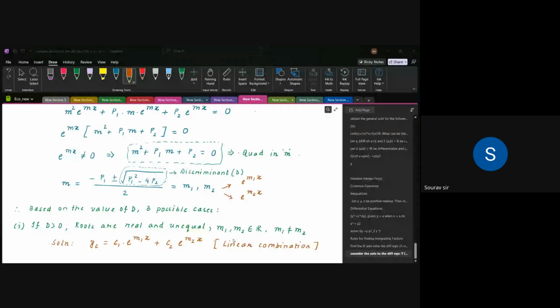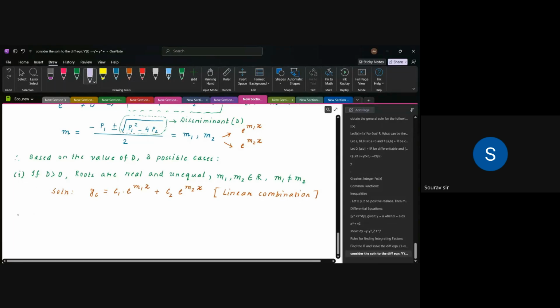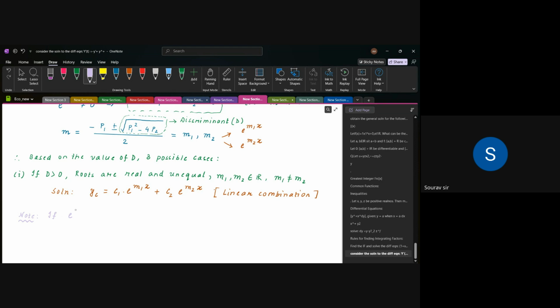Okay, now let's try to check this argument. So what am I saying? The original proposition that we are trying to discuss over here is that if e raised to the power m1x and e raised to the power m2x are solutions of y double dash plus P1 y dash plus P2 y is equal to 0, then C1 times e to the power m1x plus C2 times e to the power m2x is also a solution.